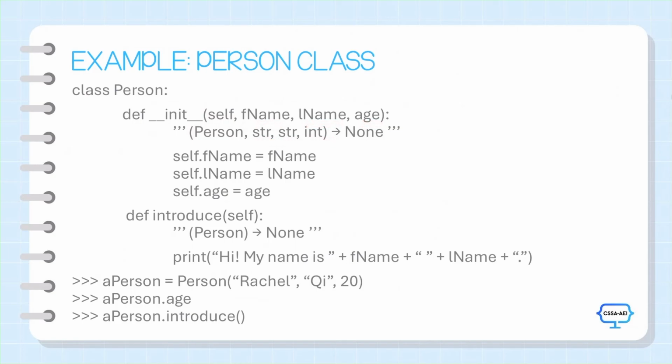Okay, so once we receive those parameters from the user about their object, we're going to assign it to the object itself, to the instance. And then we also have a method to introduce themselves. Okay, so here they'll just print, hi, my name is first name, last name.